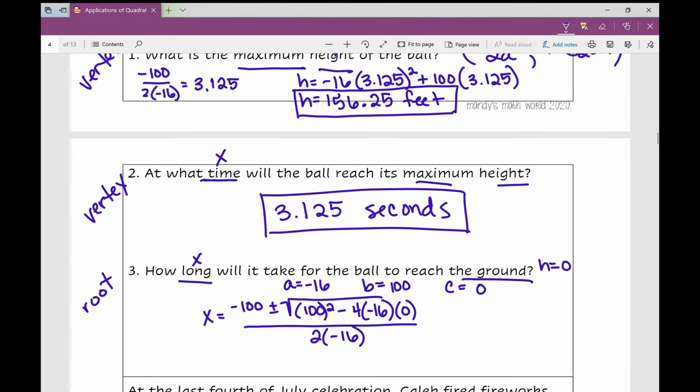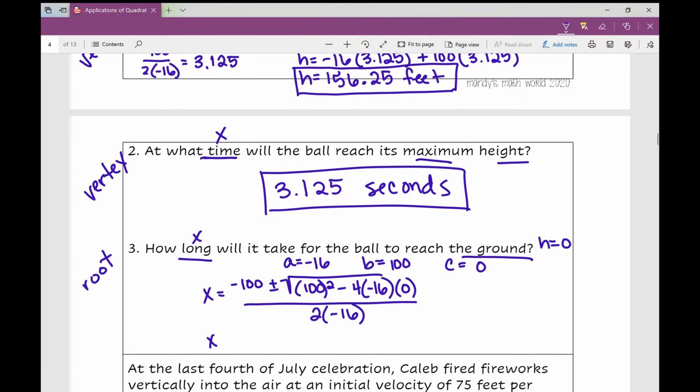And now I have obviously already done this problem, and I've used my calculator to simplify some of this. So x equals negative 100 plus or minus the square root of 100 squared minus 0. And if I take the square root of that, I'm just going to get 100, over negative 32.